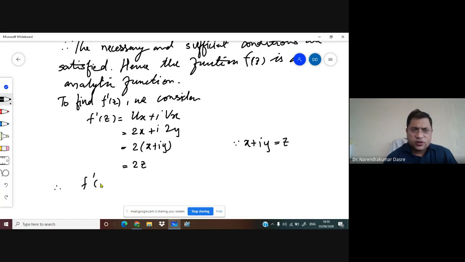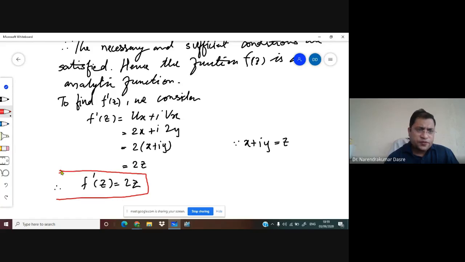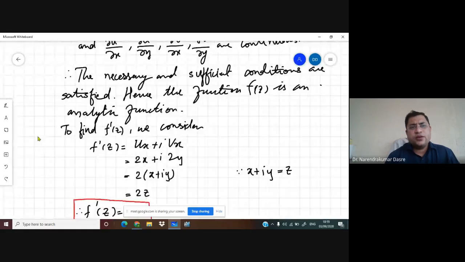And hence we got f'(z) is equal to 2z. So again, what we wanted to find out is the derivative of f(z) in terms of z, and here we have obtained the derivative in terms of z.